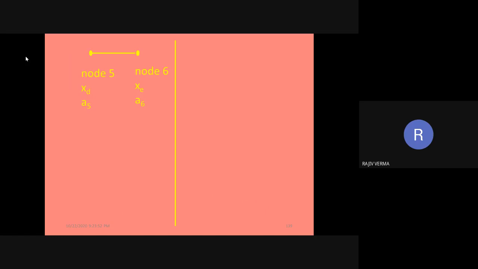Similarly, we have the third element and the fourth element. The third element consists of two nodes given by node 5 and node 6. Similarly, element number 4 has two nodes, node 7 and node 8.